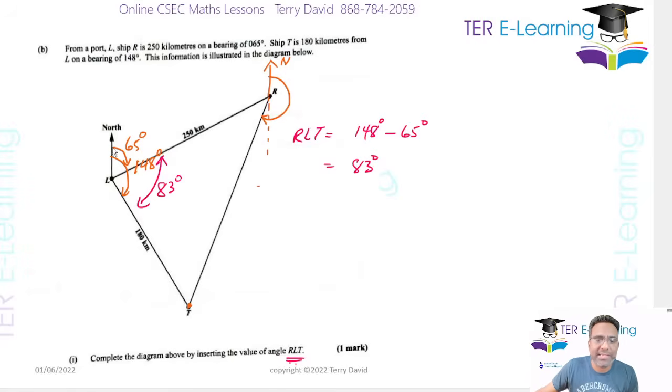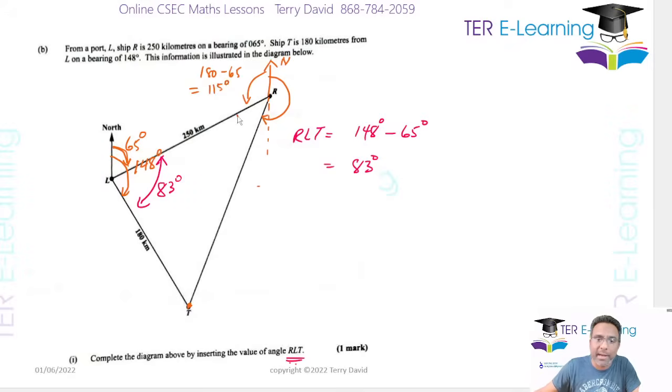So if this here is 65, I can work out this angle here. That angle is going to be 180 minus 65. That's 115.